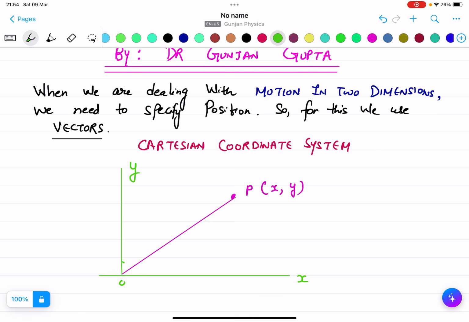So this is the origin, and from the origin this particle has a position x and y with a distance r. So it is y and this is x, right?